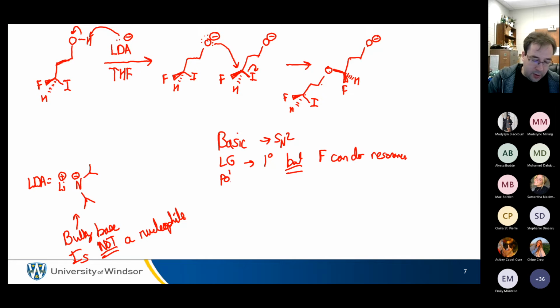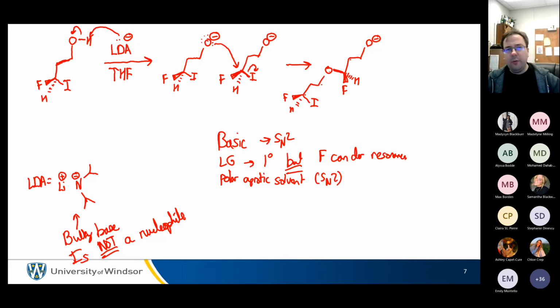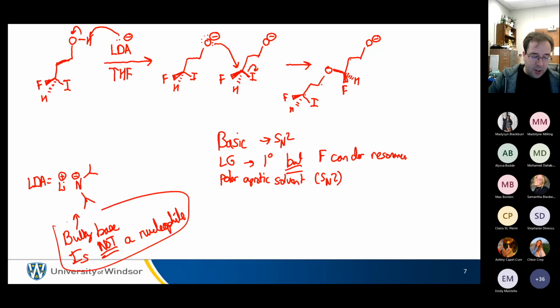Polar aprotic solvent. We've got a lot going for us on the Sn2 side. How do we know? Because I basically told you that it's not a nucleophile. That's how we know. And Madison, that is not a dumb question.